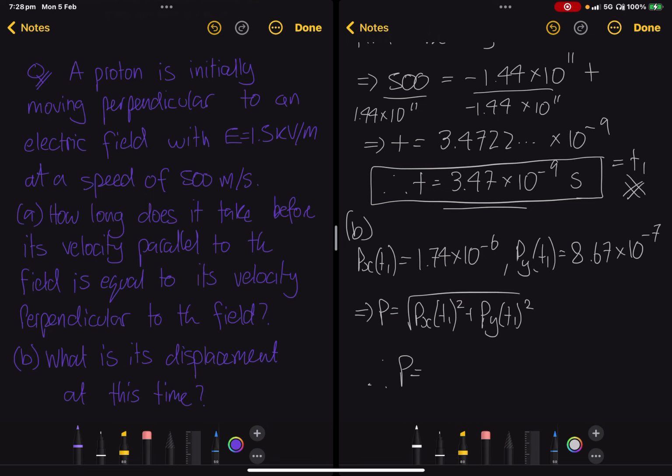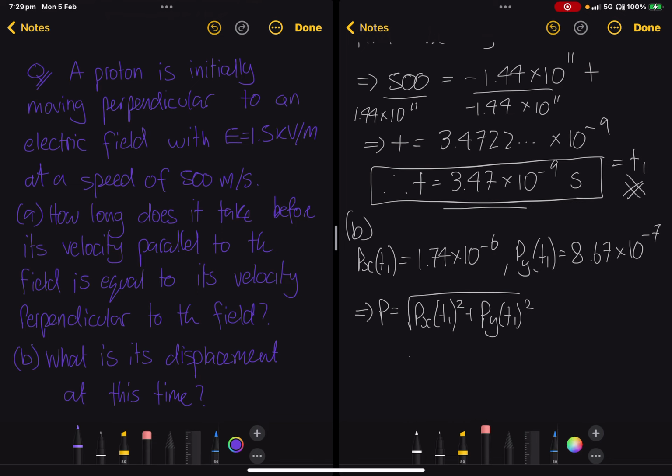So we get 1.74 times 10 to the minus 6. And then for the second one, we have 8.67 times 10 to the power of minus 7. So let me just check all of this. Yep. This comes out at 1.944.